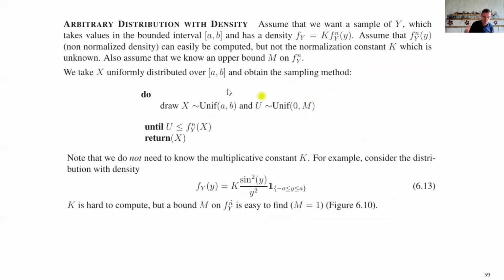So to obtain a sample from a distribution that has an arbitrary density, we have a generic method, not necessarily the best one, but that's a backup solution that always works. If the density has a bounded support between A and B, I can draw a uniform between A and B. I need a safe upper bound on the non-normalized density, and that gives me this algorithm here.